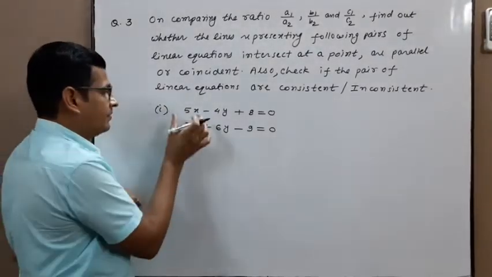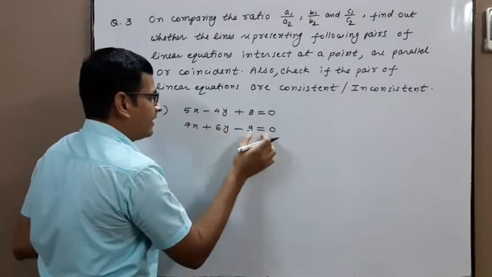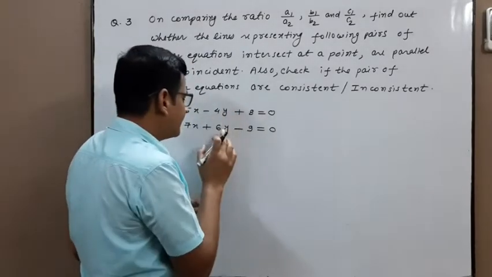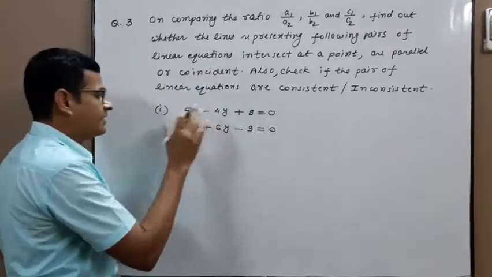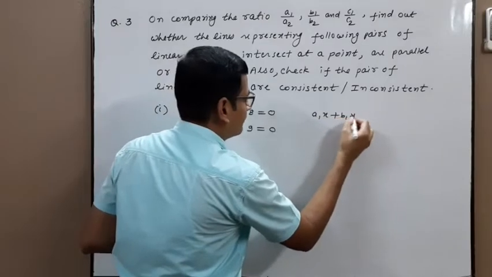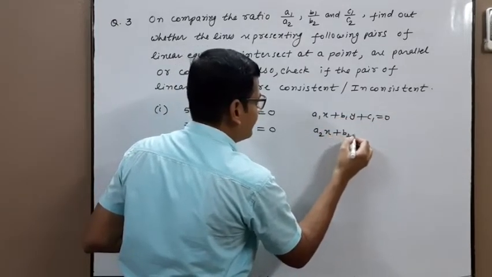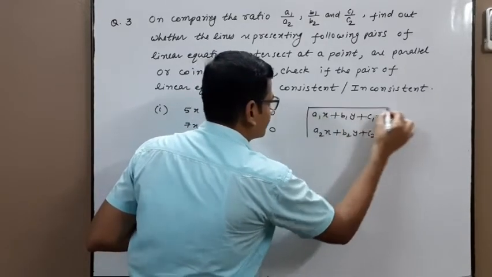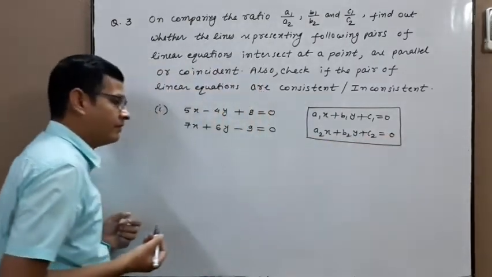First part: 5x minus 4y plus 8 equal to 0, 7x plus 6y minus 9 equal to 0. Compare these equations with the standard form a1x plus b1y plus c1 equal to 0 and a2x plus b2y plus c2 equal to 0, and find the value of a1 by a2, b1 by b2.